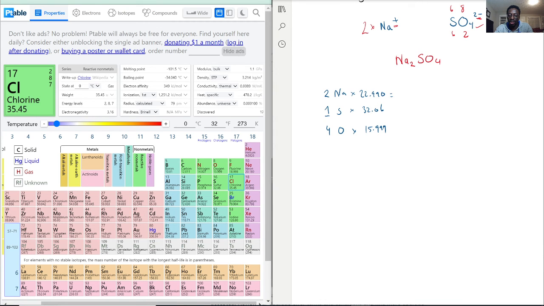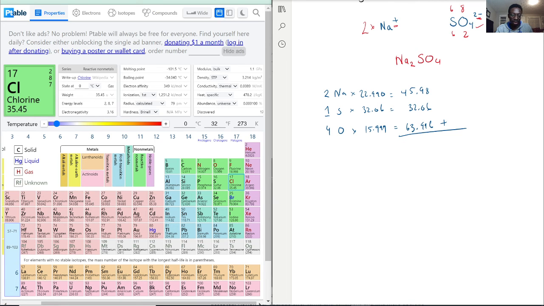So we have 22.990 times 2, which is 45.98. Sulfur is still 32.06, and oxygen is 15.999 times 4, which is 63.996.